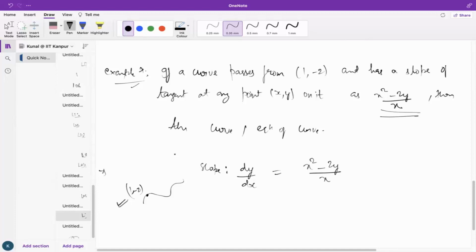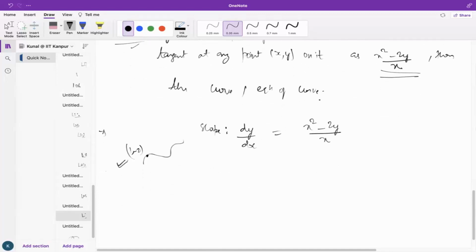Okay, so let me try to solve this differently. Listen here, there is a differential equation, but is it in the form of a linear differential equation? So let me check by simplifying it. So dy by dx is equal to x, we can divide it by x, and minus 2y by x. So here we will get dy by dx plus 2 by x into y is equal to x.